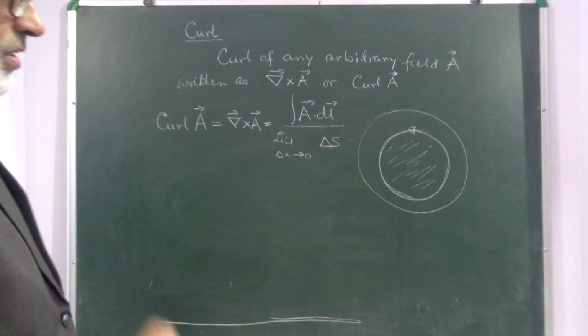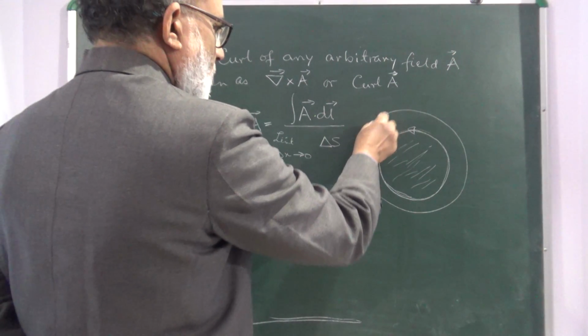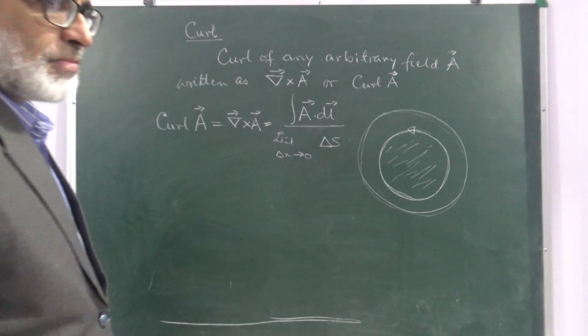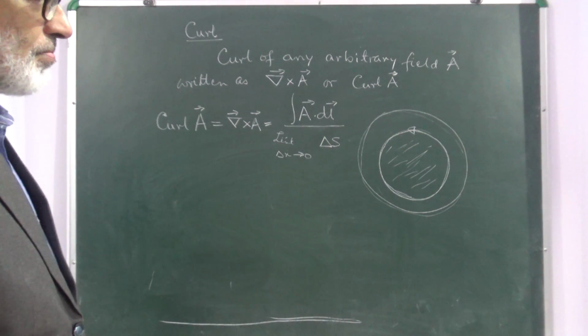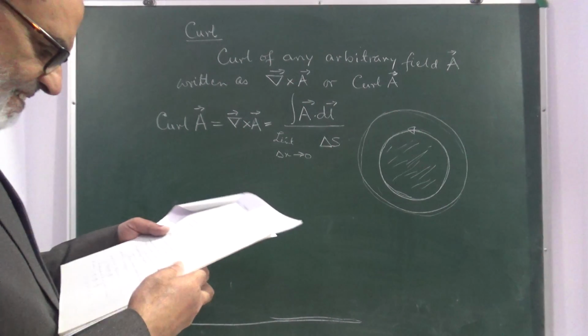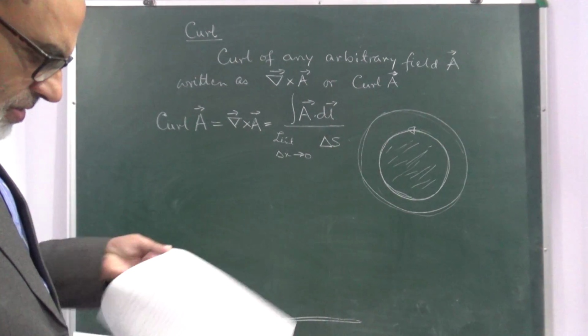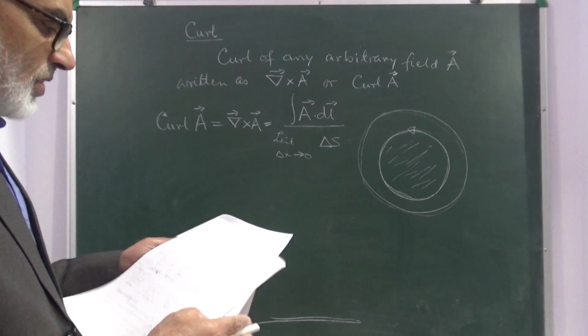This is the meaning of curl. Curl is the measurement of the whole line integral of this vector field. We will take one of the examples and see how it is.